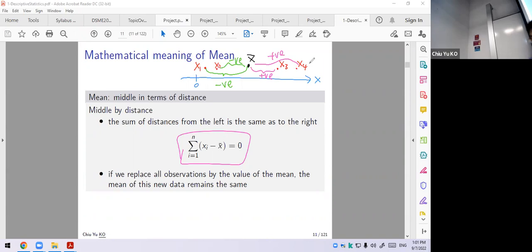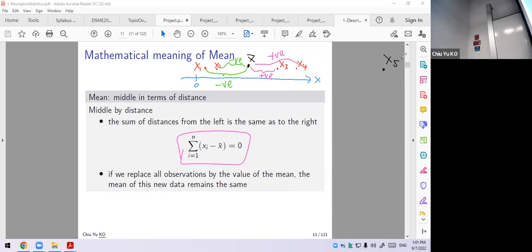For example, what I exactly mean is suppose there is an x5, maybe in black, maybe x5 is here.